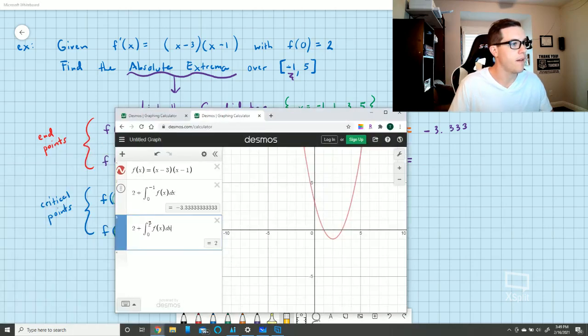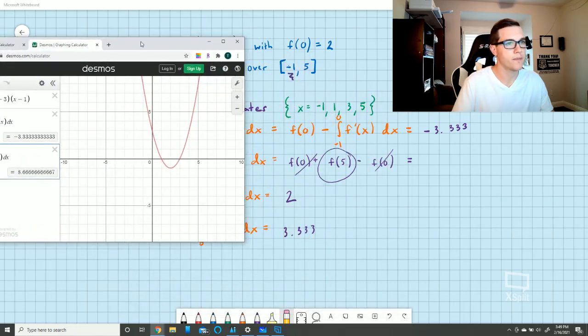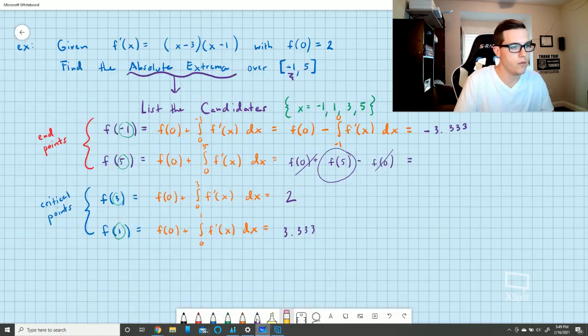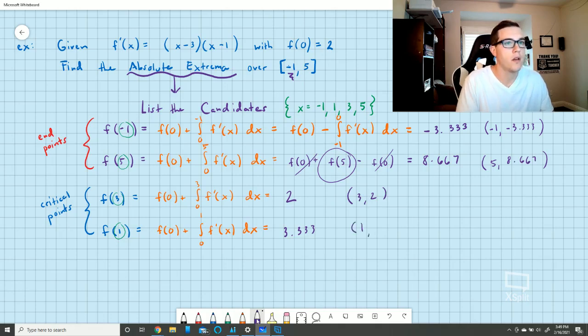F of 5, 8.667. And these are actual values in the original. So the original function has this value, negative 1, negative 3.333. This one is 5, 8.667. This one was 3, 2, and this one was 1, 3.333.